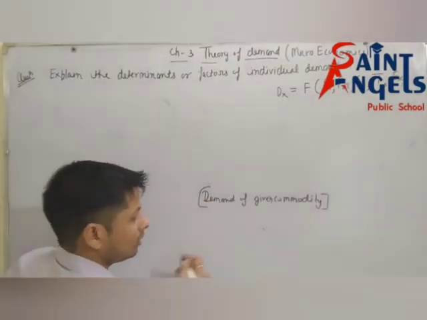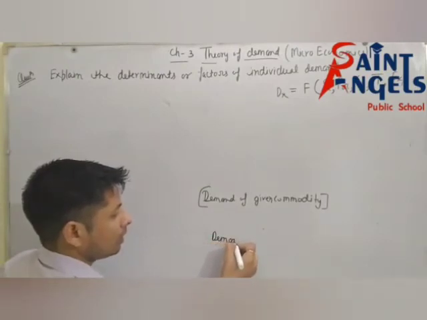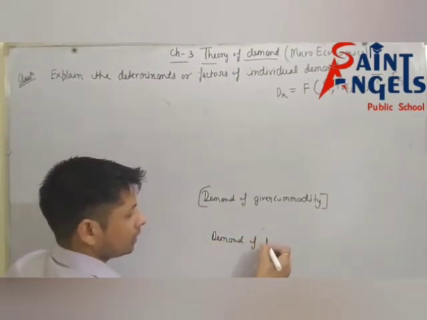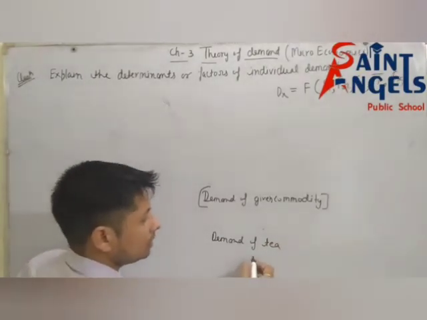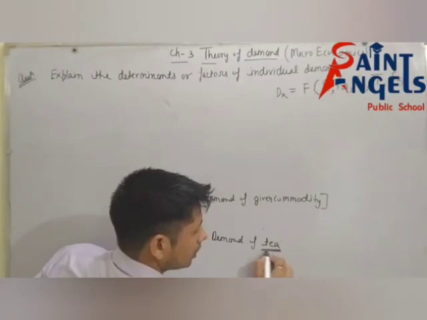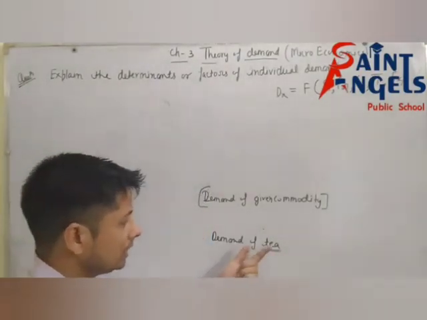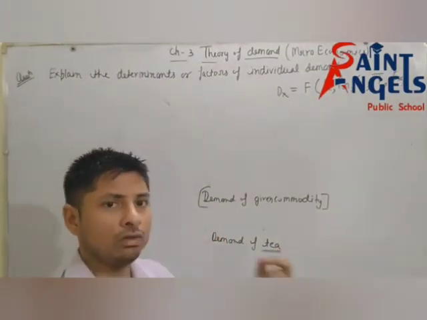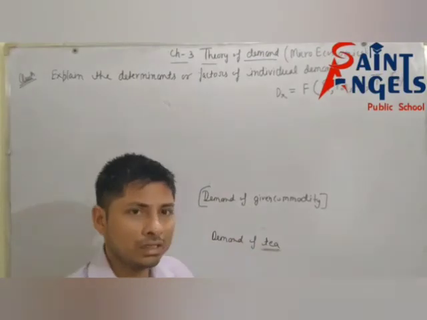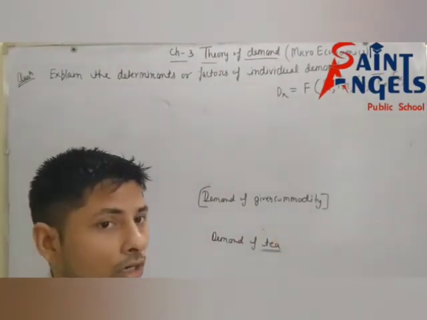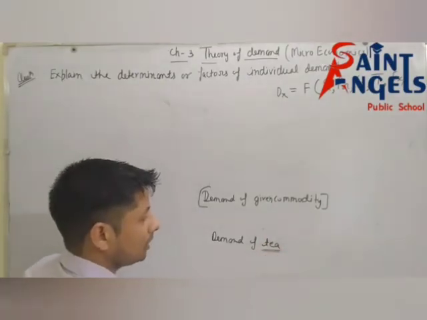Suppose I am saying demand of tea. Demand of tea means we are talking about tea good. Tea will be considered as a given commodity.